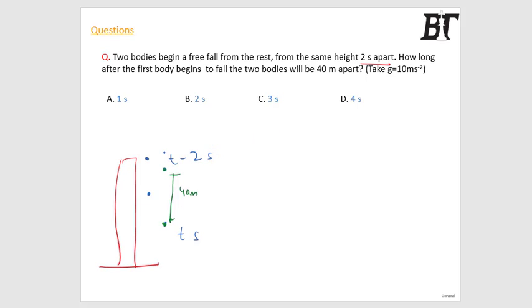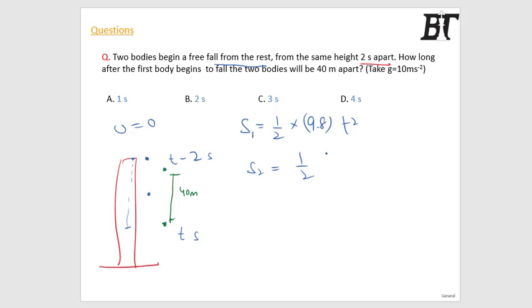Now applying equations of motion, we know that the displacement of first ball from the topmost point S is ut plus half at square. u for both balls is 0 because it is said that they are dropped from rest, initial velocity 0 है. So we can say simply half into 9.8 into t square. This is the displacement of first ball.